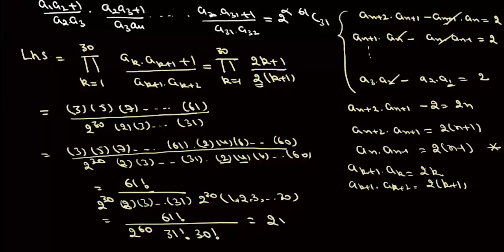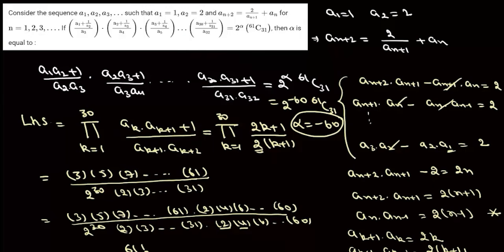So it'll be 2 to the power minus 60, 61C31. So this result is equal to 2 to the power minus 60, 61C31. That means the value of alpha is minus 60. So for this question, the value of alpha is minus 60.